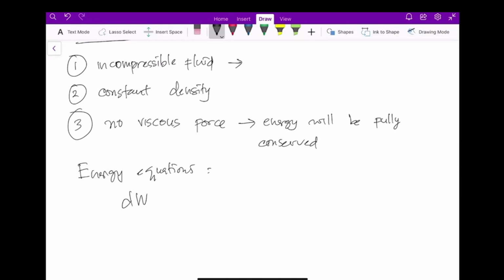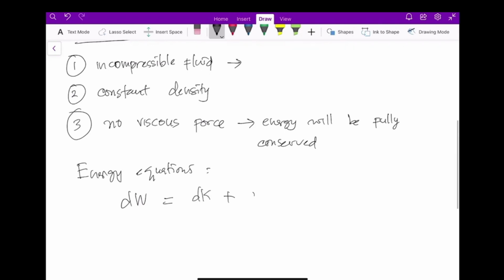It will be equal to dK plus dU. K here is kinetic energy, while U here, I simply use the term U to show potential energy. Some people like to use PE, or some people also write it as U. In this case, I just use one letter. So dK and dU.